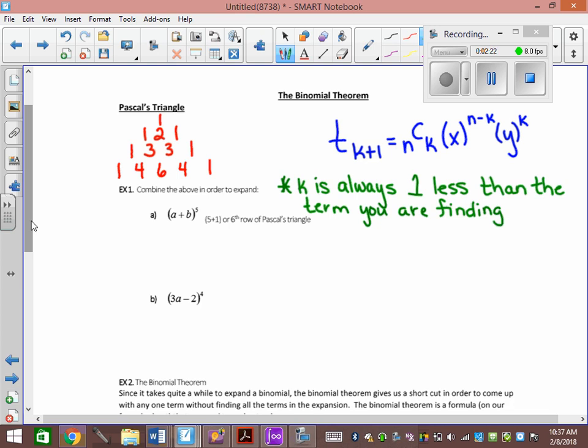There are always n plus 1 number of terms. This will make sense in a second.